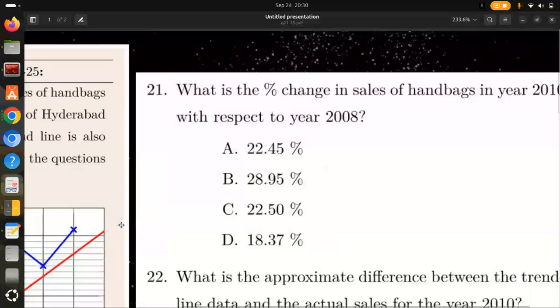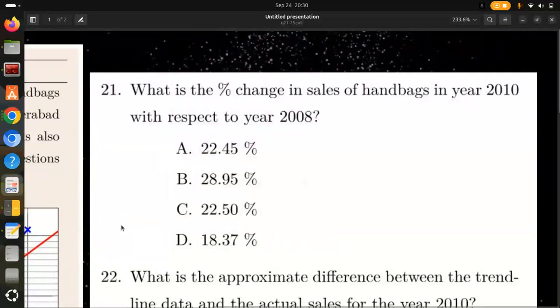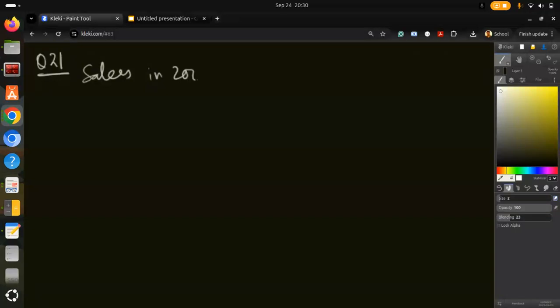Okay, so let's look at question number 21. What is the percentage change in sales of handbags in the year 2010 with respect to the year 2008? So let me write it down here. For question number 21, we need the sales in 2008 and the sales in 2010.